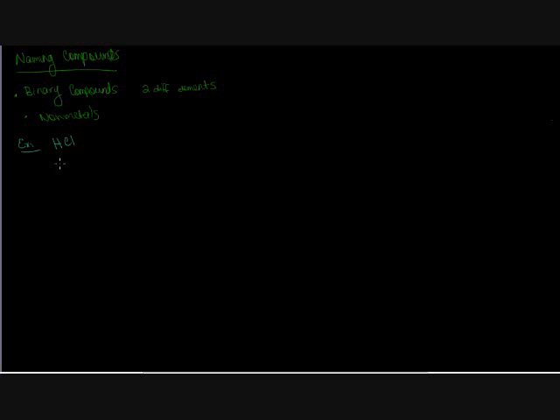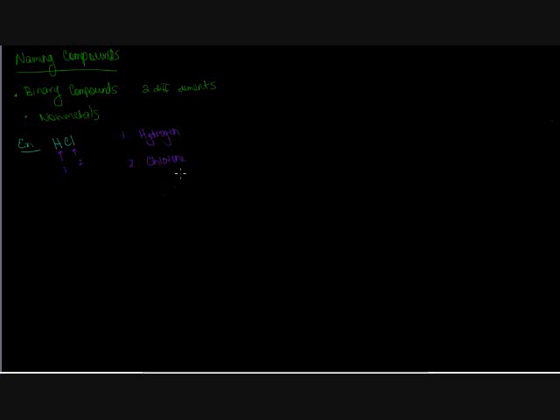Now we're going to start to name it. So the method to name it is you're going to first name the element that comes first in the formula, and then you go to the second one. Pretty simple, right? First, second. So first we have hydrogen. Our second is chlorine.